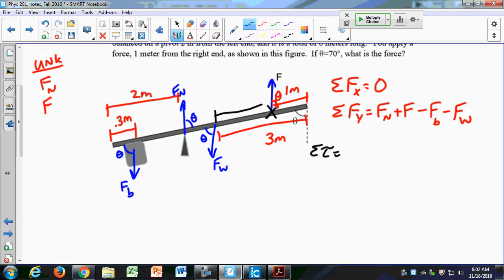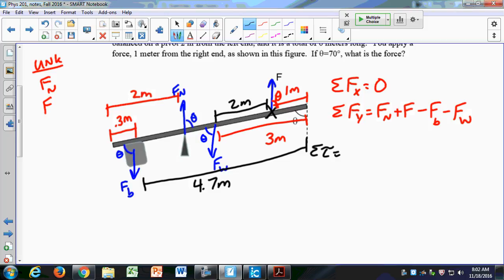This distance will be 2 meters. The distance from here to here will be 4.7 meters because I have 3 meters. This is another, and then let me check that actually.